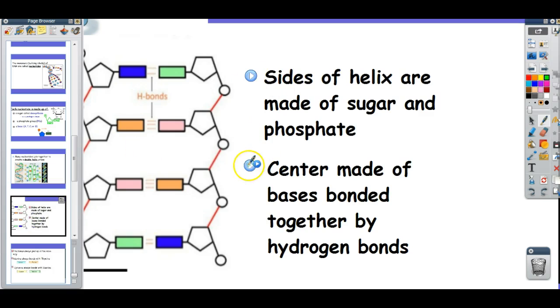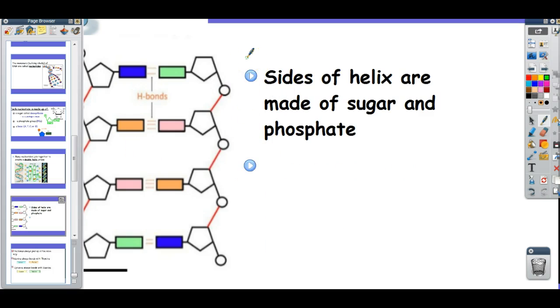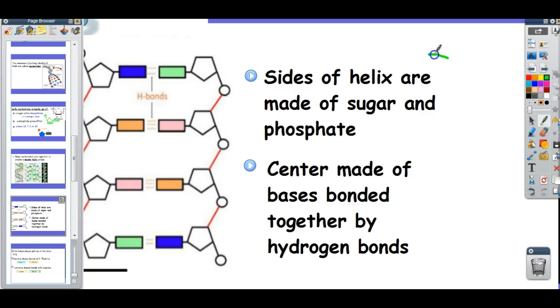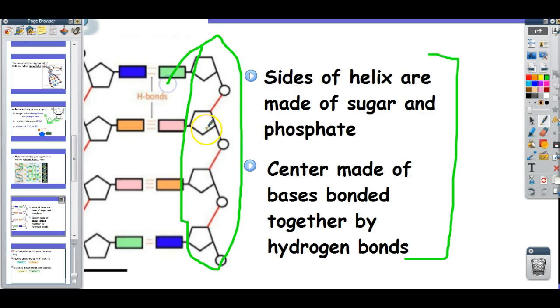So what we see here is that the sides of the helix are made of sugar and phosphate, and the center is made of bases. Okay. You don't need to write this down. If you would like to, you can, but I would expect that from looking at a diagram, you should be able to tell that the sides are made up of sugar and phosphate. The center is made up of bases, okay?